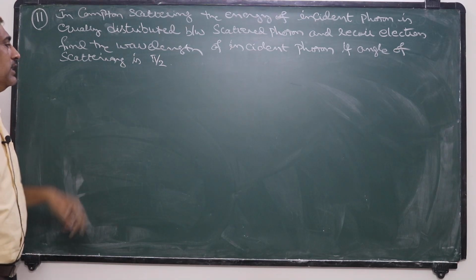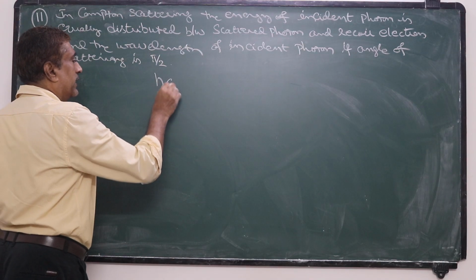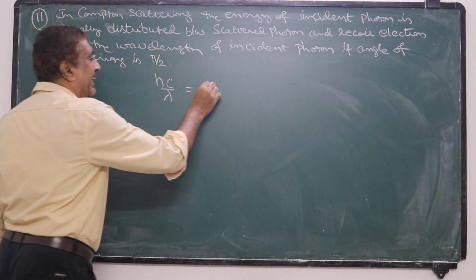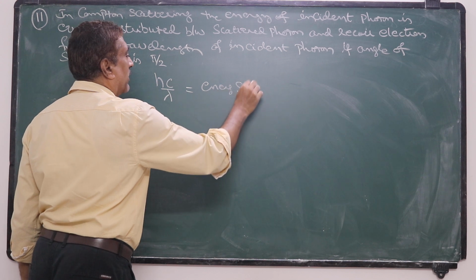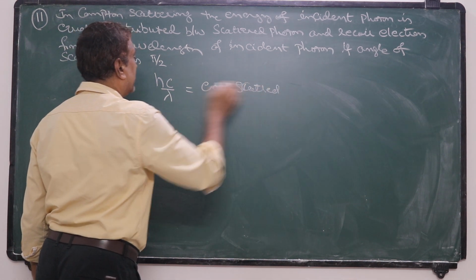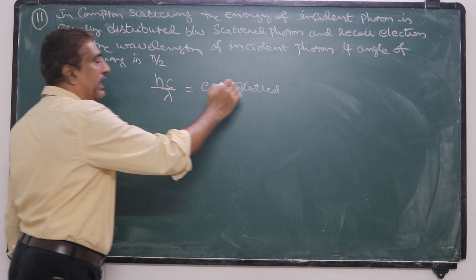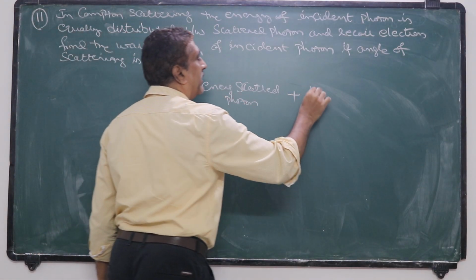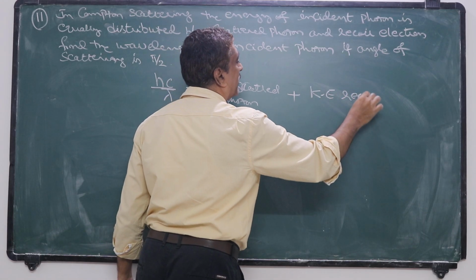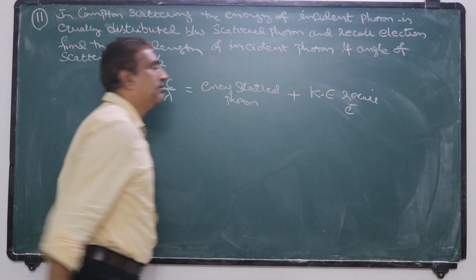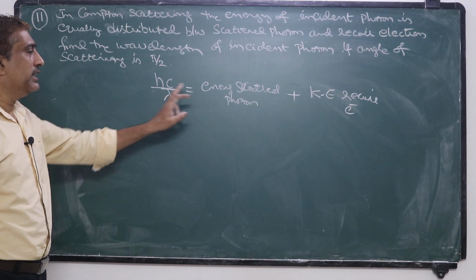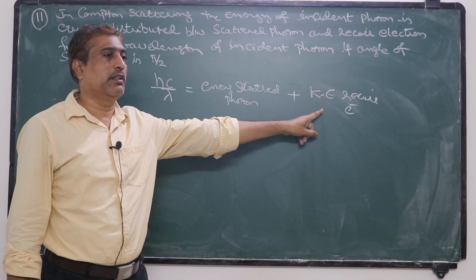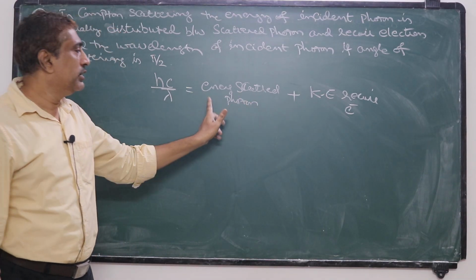Now it is given that the energy of the incident photon is hc by lambda, and this is equal to the energy of the scattered photon plus the kinetic energy of the recoil electron. So some amount of the incident photon energy is absorbed by the electron and the remaining will be scattered. So this is the sum.